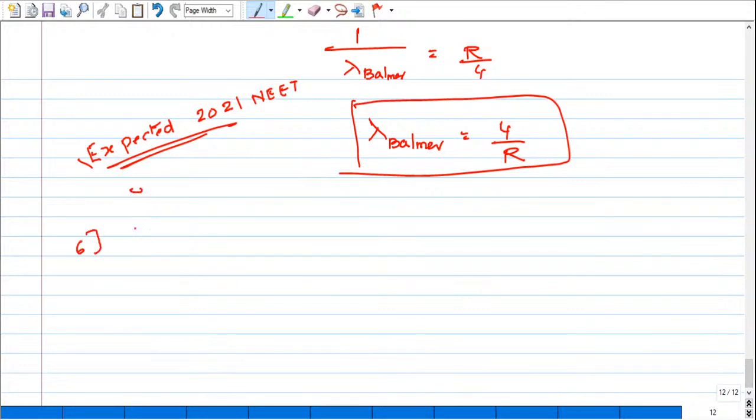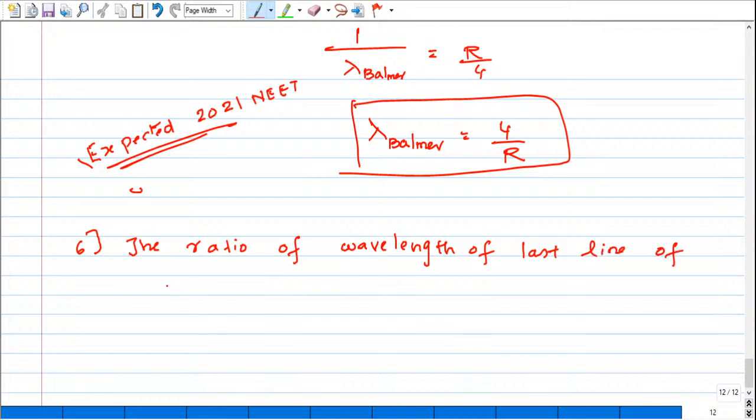The ratio of wavelength of last line of Balmer series and the last line of Lyman series is dash.